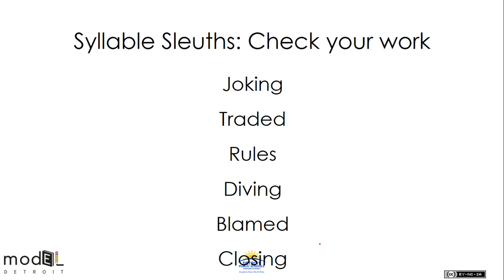Now it's your turn, boys and girls. It's your turn to be a sleuth. Not a syllable sleuth, but a suffix sleuth. What you have to do for each word is box the suffix, underline the base word, say the base word out loud, and see if you can read the word.